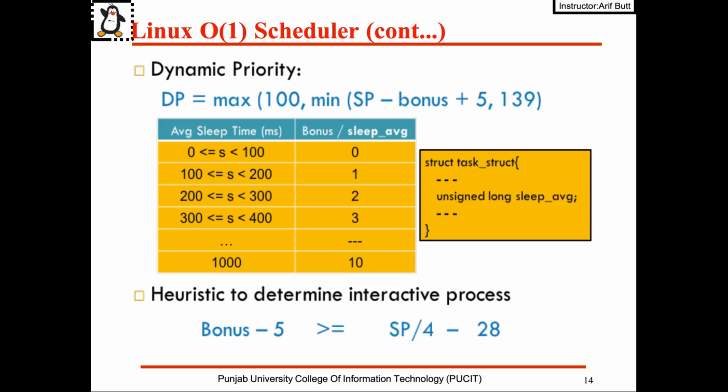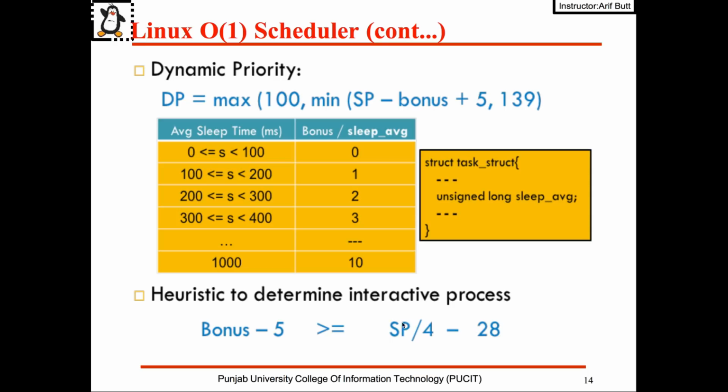And the next question is, how does the Linux scheduler, the big O of 1 scheduler, determine the interactivity of a process? Well, the Linux scheduler uses a heuristic, and it says a process is considered interactive if it satisfies this condition: bonus minus 5 is greater than or equal to static priority divided by 4 minus 28.